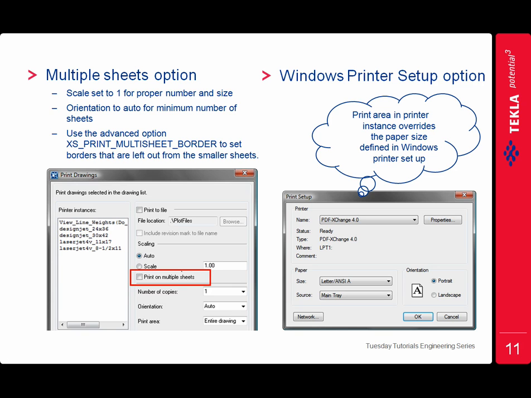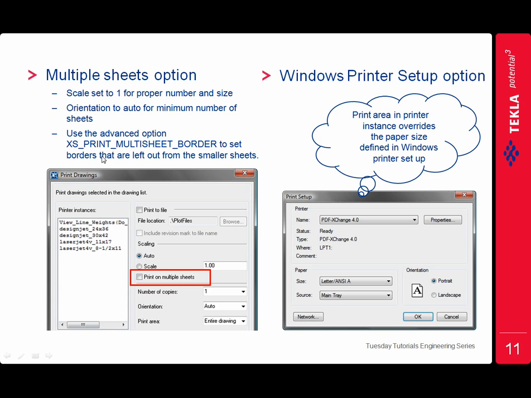There is also a print on multiple sheets. So if you've got one of those roll printers and you're looking to print out multiple smaller sheets, then you would set the scale to 1 so that it would use the actual sheet size or drawing size, and then the orientation to auto so that it would calculate the correct number of sheets to fit in there and use fewer on the drawing, because you're basically making one big drawing of 4 smaller sheets.